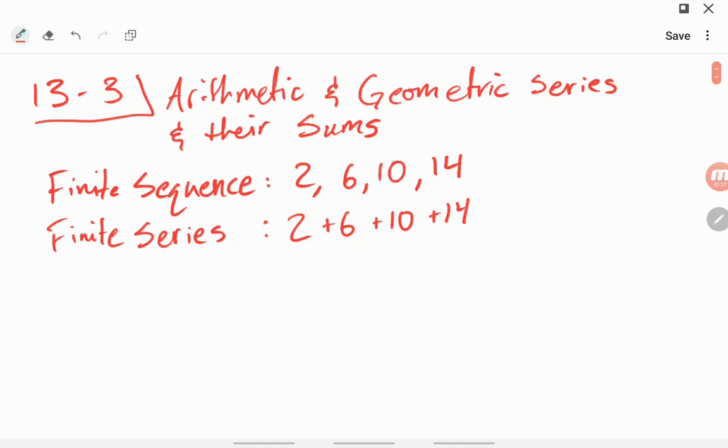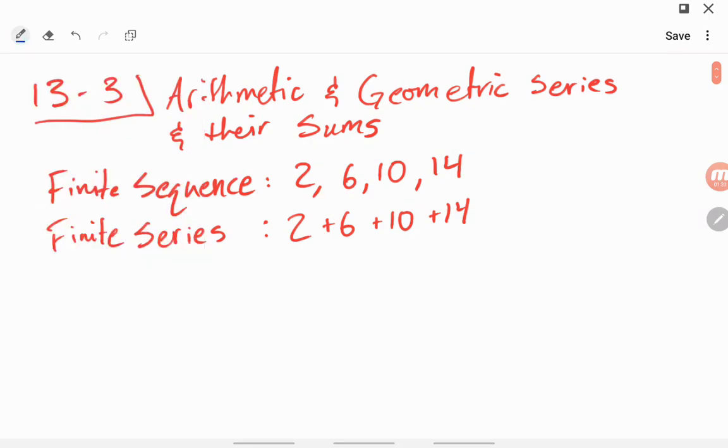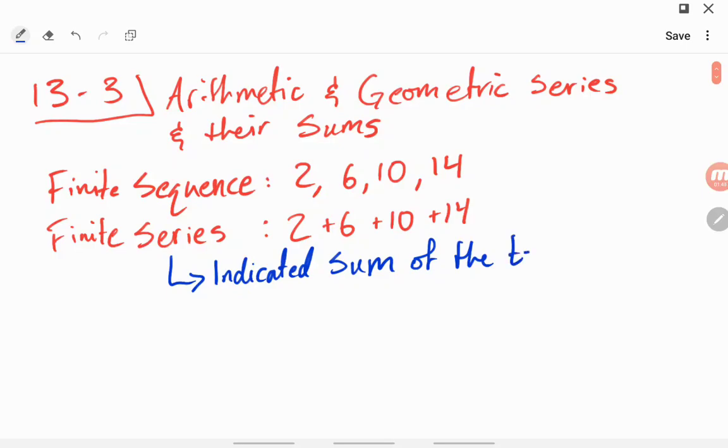I'm going to change my color here. Let's go blue. A series is the indicated sum of the terms of a sequence.